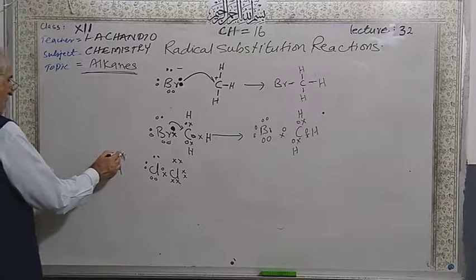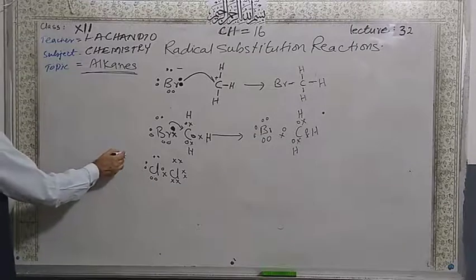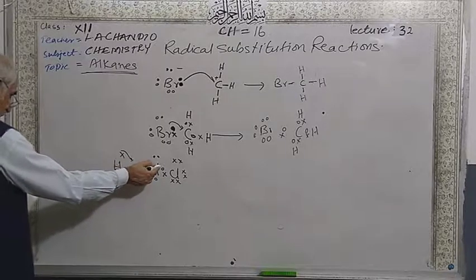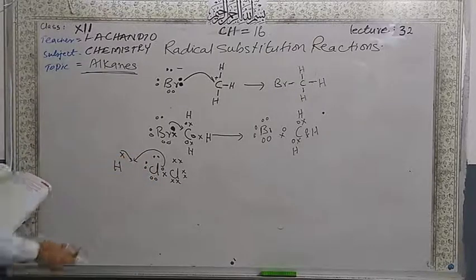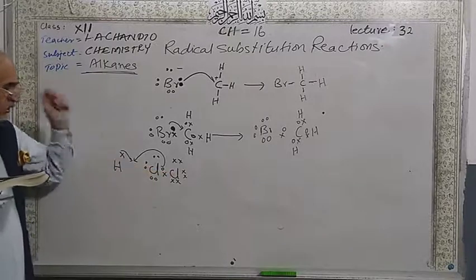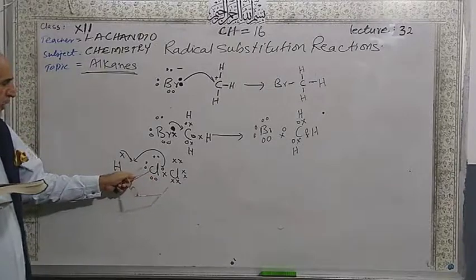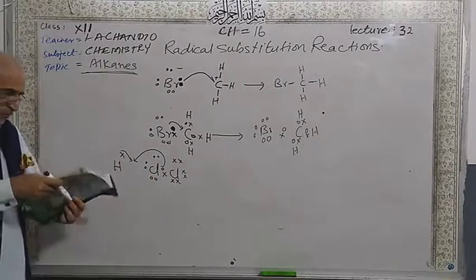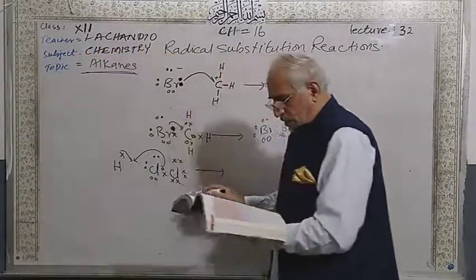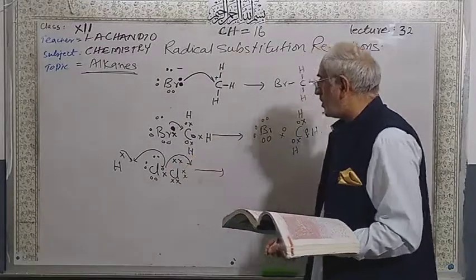Students, there is a movement of one electron, so the formation of a bond takes place. It means that the chlorine-chlorine bond is dissociated and broken down, and a hydrogen-chlorine bond is going to be formed.